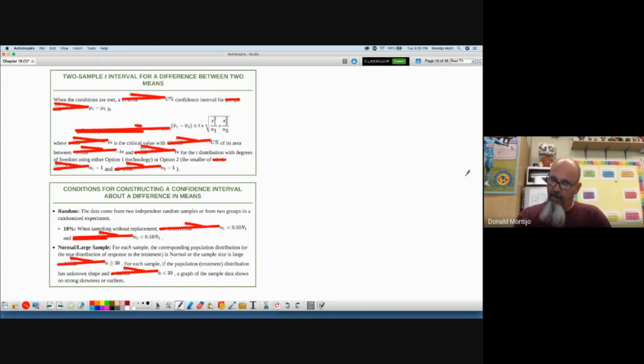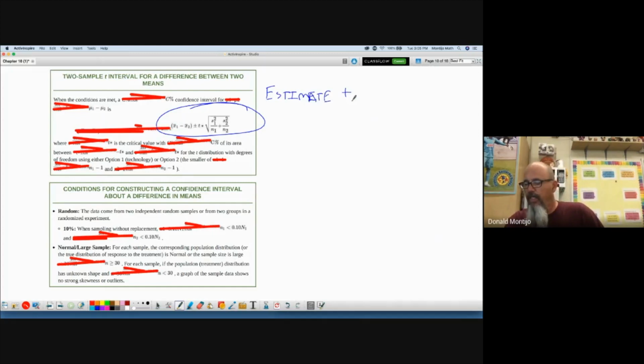All right, so how do we calculate the confidence interval? Once again, every confidence interval in the world is estimate plus or minus margin of error. So how do we estimate the difference between mu1 and mu2? Well, x bar 1 minus x bar 2, since x bar is the unbiased estimator of mu, plus or minus t star times the square root of s sub 1 squared over n1 plus s sub 2 squared over n2.